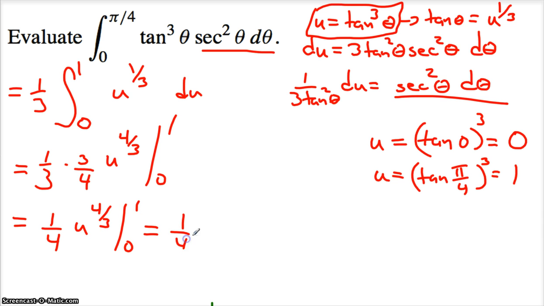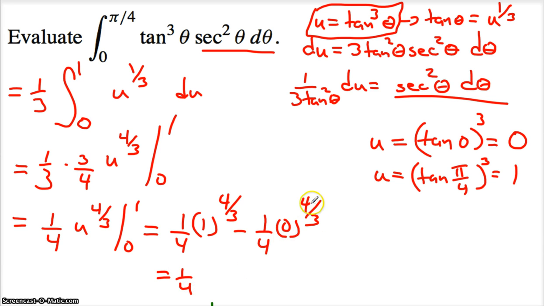That's 1/4 1 to the 4/3 minus 1/4 0 to the 4/3. And 1 to the 4/3 is just 1 times 1/4 is 1/4. 0 to the 4/3 is 0 times 1/4. Wipes that out, and we're left with the final answer, 1 over 4.